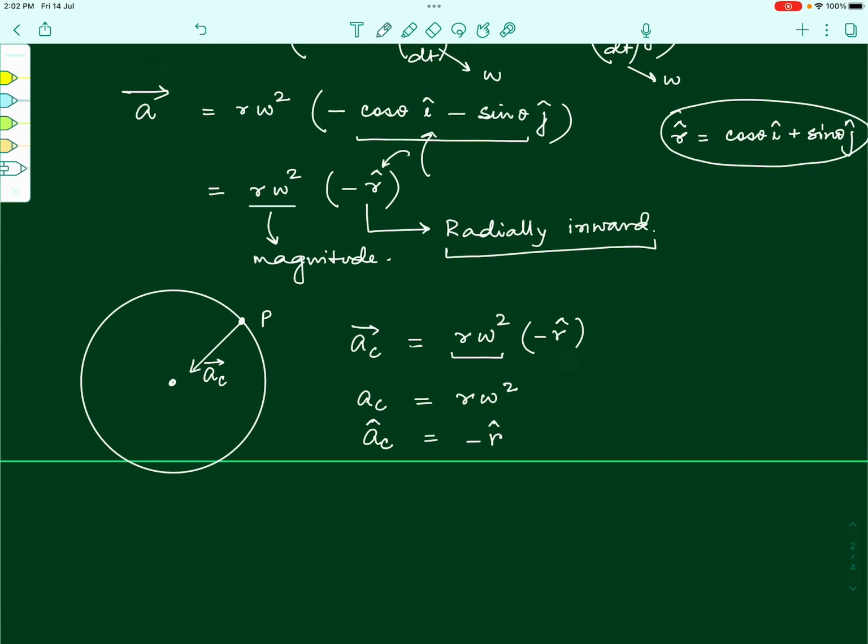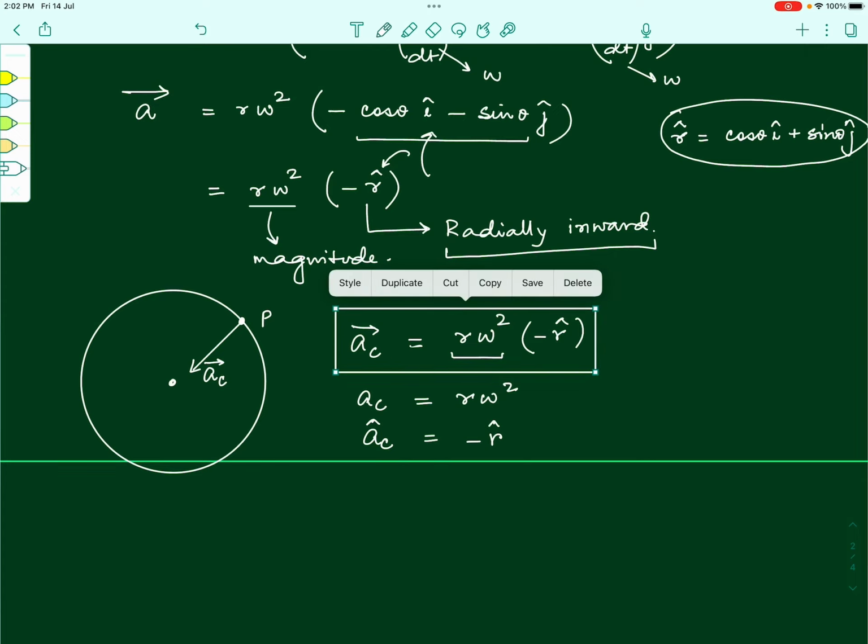So this is a very important concept we have understood about uniform circular motion, the concept of centripetal acceleration. Understand that centripetal acceleration is the one that creates a change in the direction of the velocity of the particle. Why? Because we know that its magnitude is not changing. The particle which is moving with a constant speed, the magnitude of its velocity is not changing.